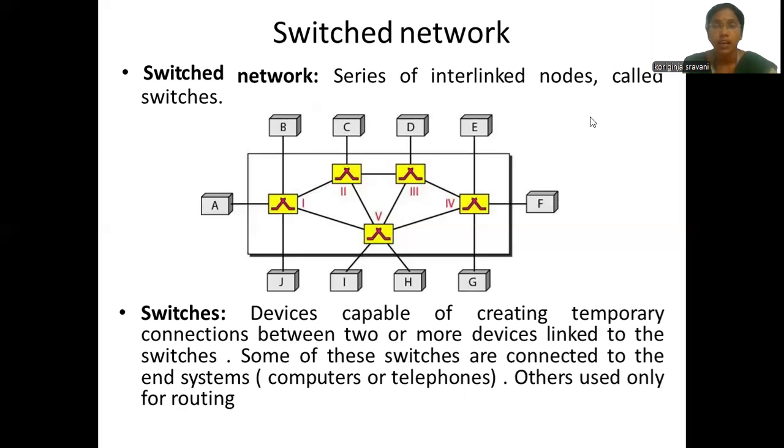In this lecture, we are going to discuss the different processes involved in switching and what kind of hardware is used in switching. Here you can see a switched network, which has dedicated computer hardware that facilitates the process of switching.